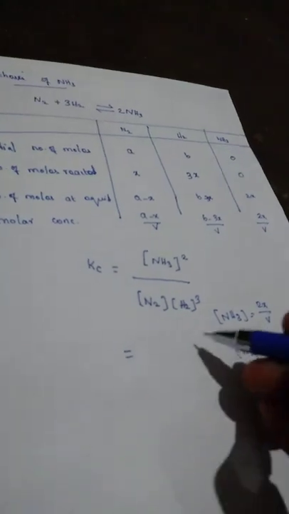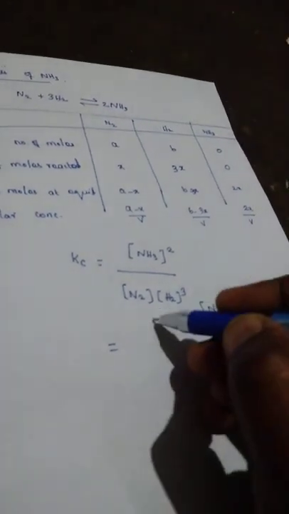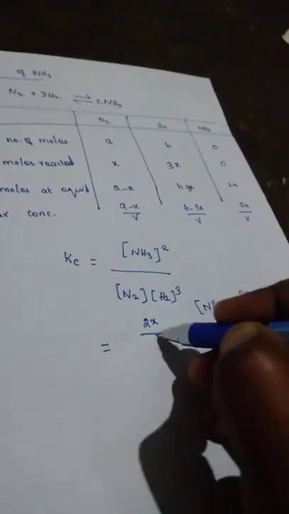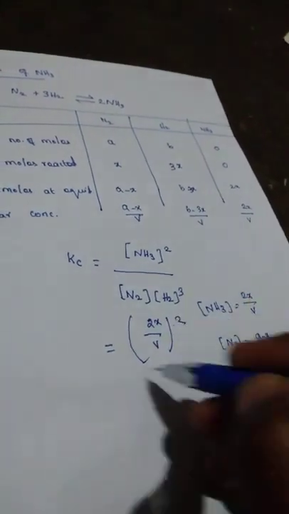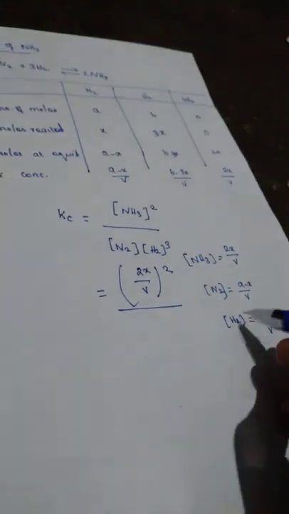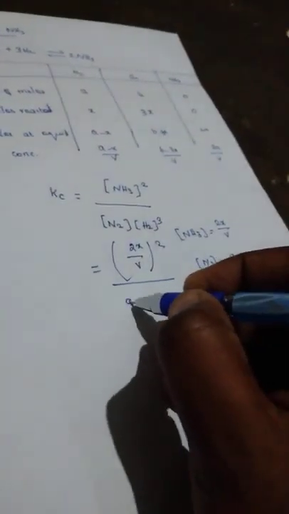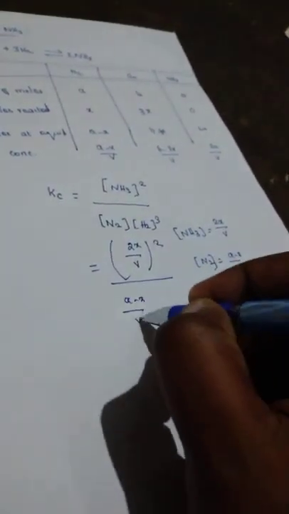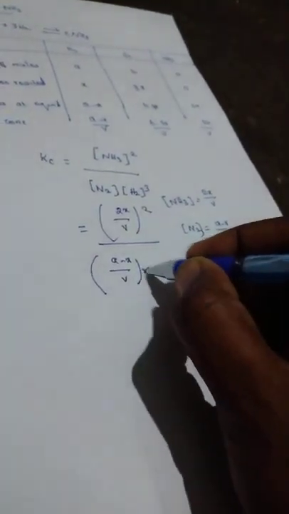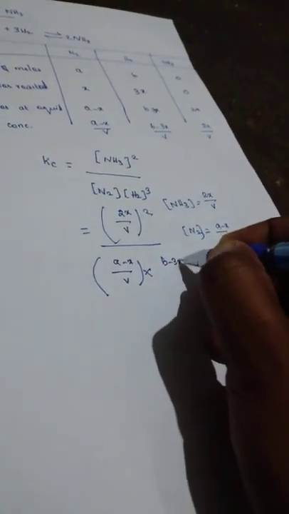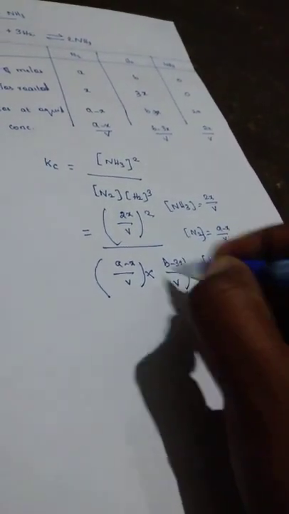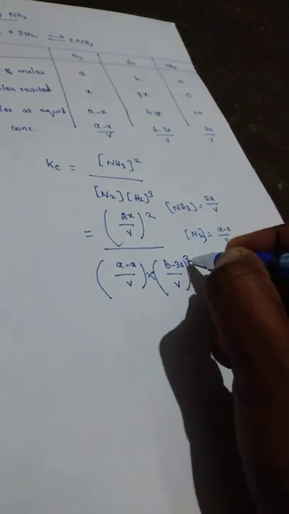First the NH3 concentration, 2X divided by V the whole squared, divided by N2, A minus X divided by V, into H2, B minus 3X divided by V the whole power 3.